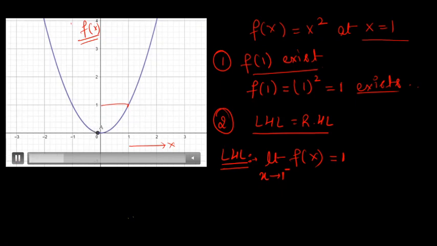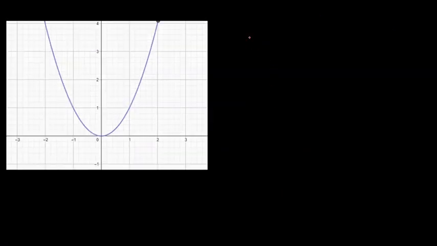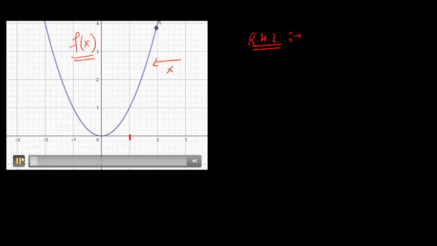Now let us check the right hand limit also. Right hand limit means that at x equal to 1, x is approaching from the right hand side towards x equal to 1. The y-axis represents f of x. So let us see, as x is approaching 1 from the right hand side, the value of the function is slowly moving to 1 also.